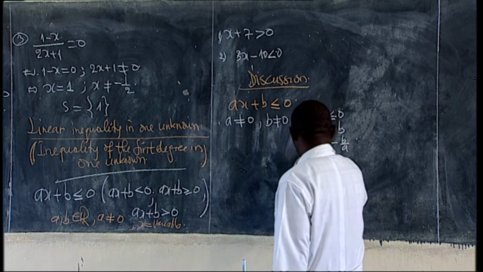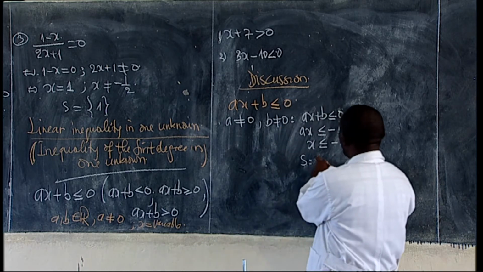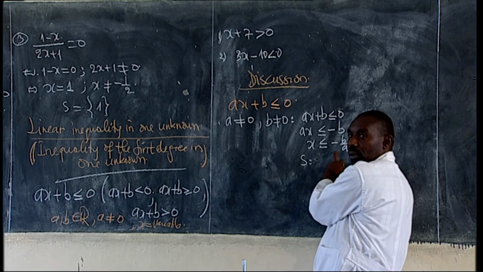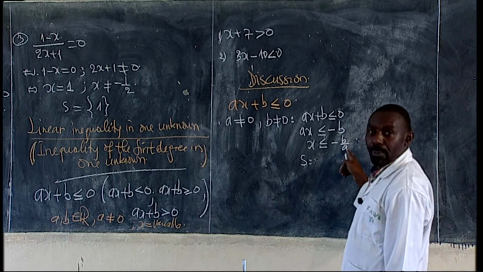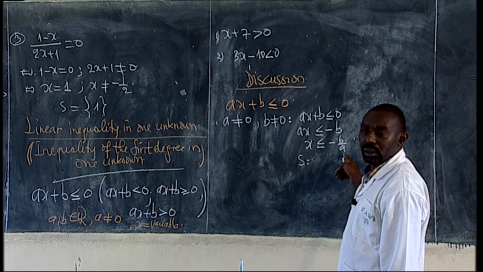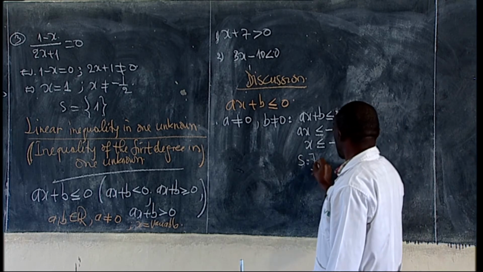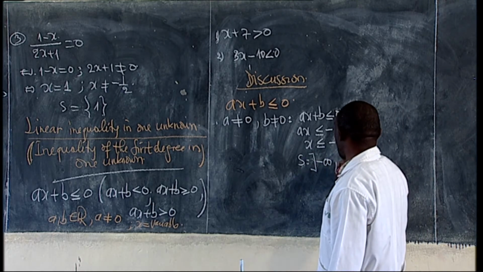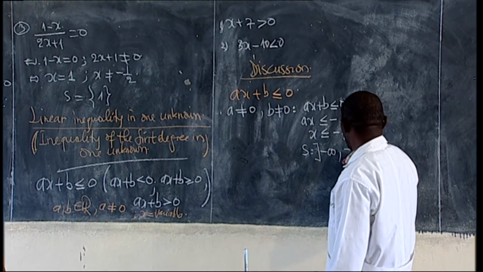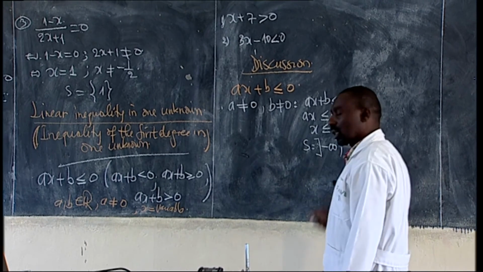Of course, the solution set is all numbers less than or equal to this value. It means minus b divided by a is a member of our interval, right? So we get from negative infinity up to minus b divided by a. The interval is closed.